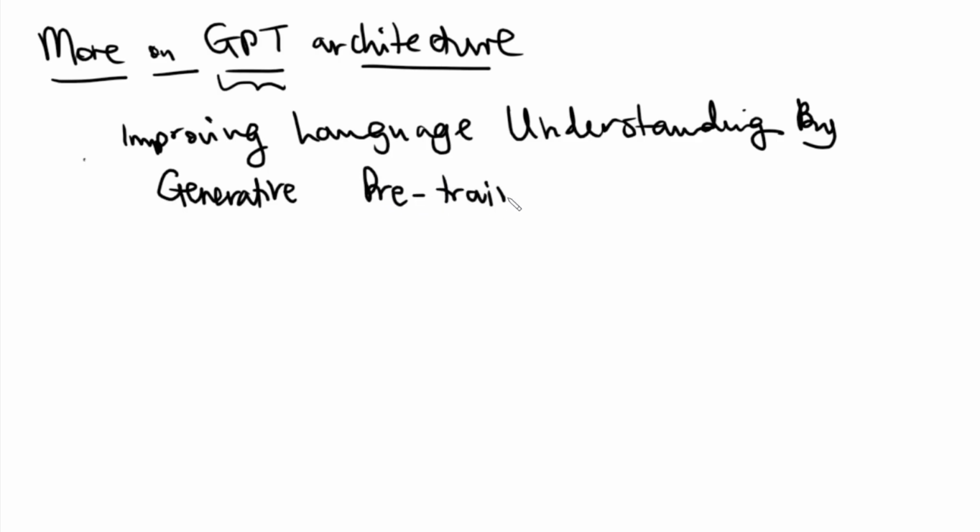So, as we explained in the previous section, BERT is trained in a different way, and GPT is trained in another different way. And so, this paper here from OpenAI introduced this architecture called the GPT architecture.